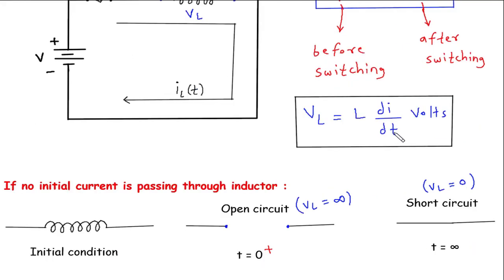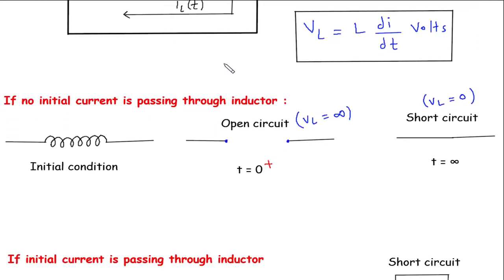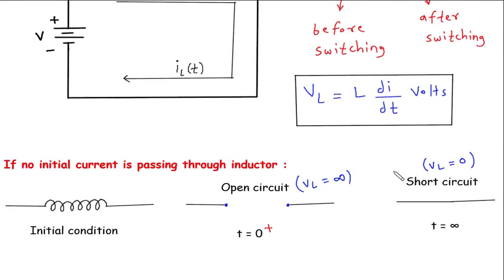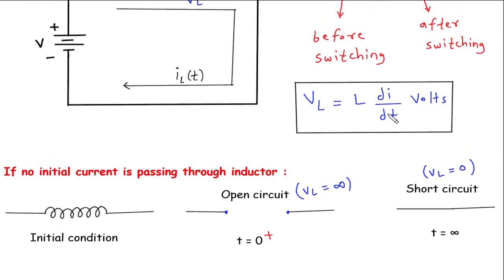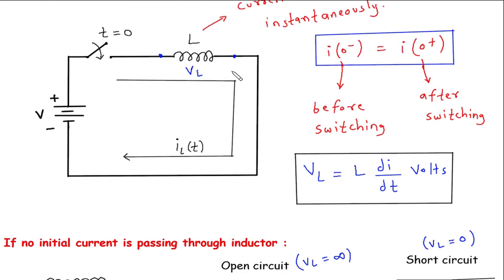Since t is equal to 0, VL is infinite, and at that time the inductor will be open circuited. And when t is equal to infinity, VL will be 0. VL is 0 means it will be short circuited.